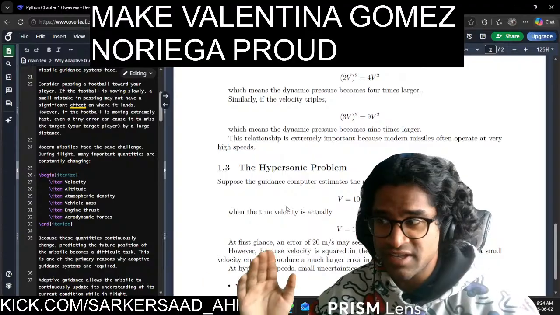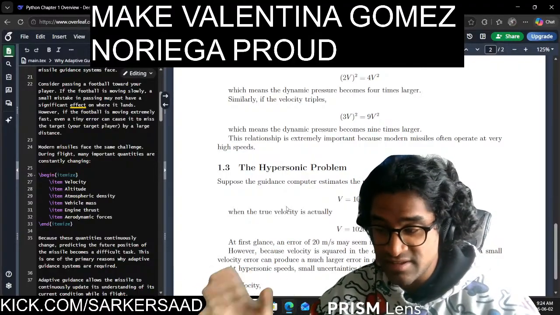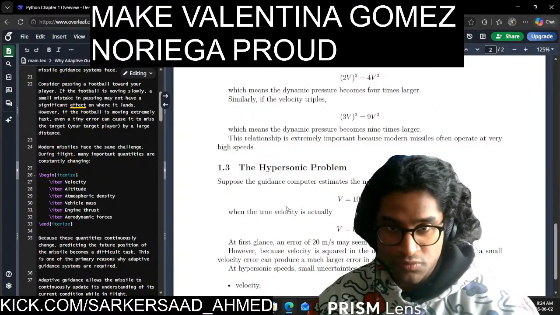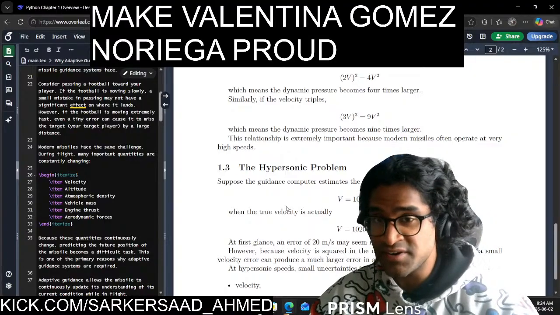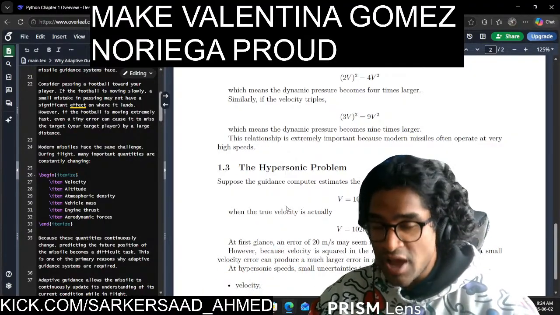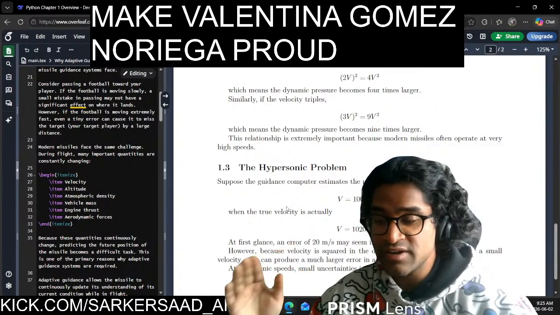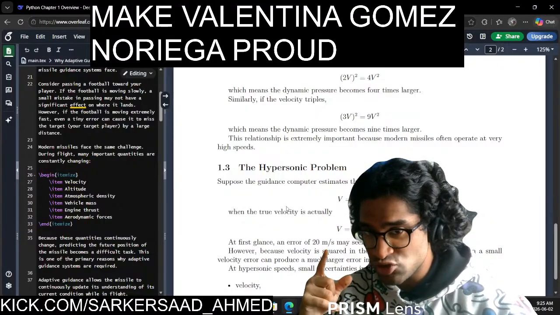A 20 meters per second error for a hypersonic missile is dangerous, because if your error is 20 meters per second and you square that error, it's going to be extremely large.